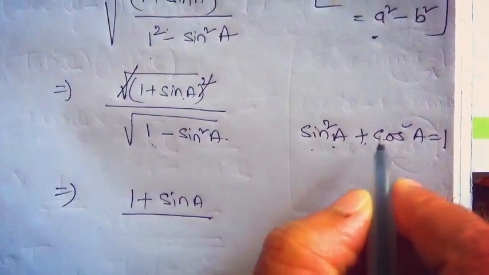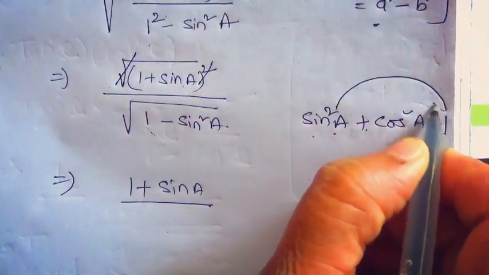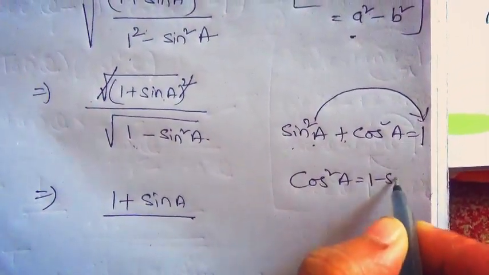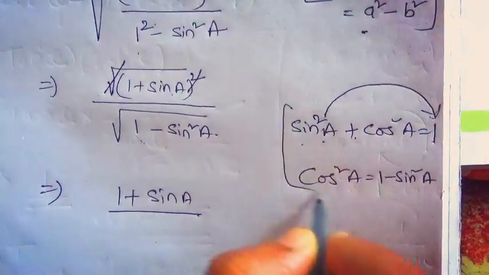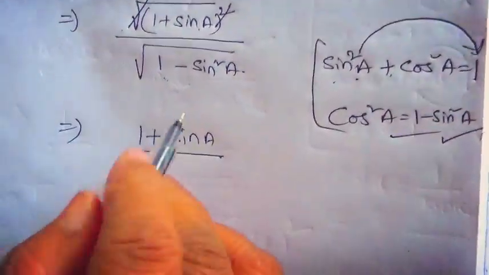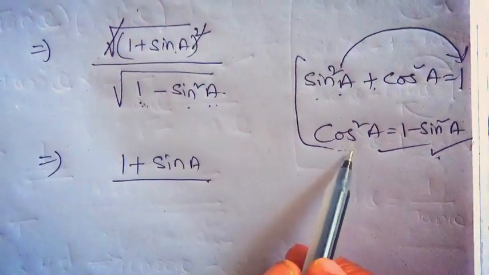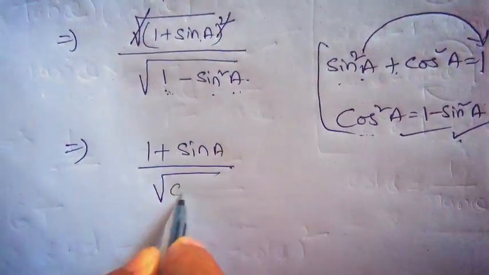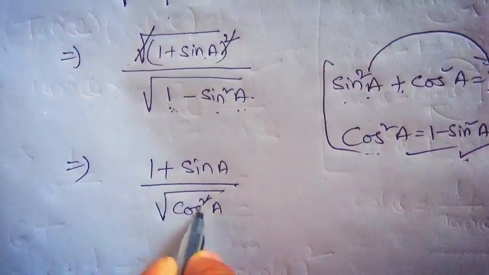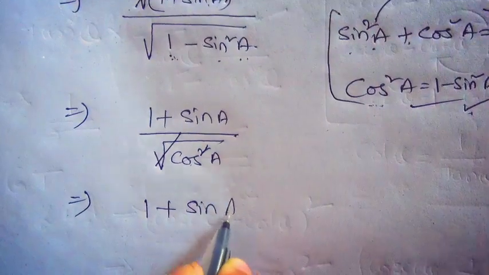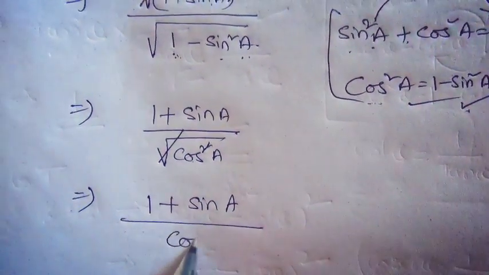Taking sin square a to the other side, you get cos square a is equal to 1 minus sin square a. So I am using this formula. In place of 1 minus sin square a, I am writing cos square a, square root of cos square a, square root cancelled. That implies 1 plus sin a by cos a.